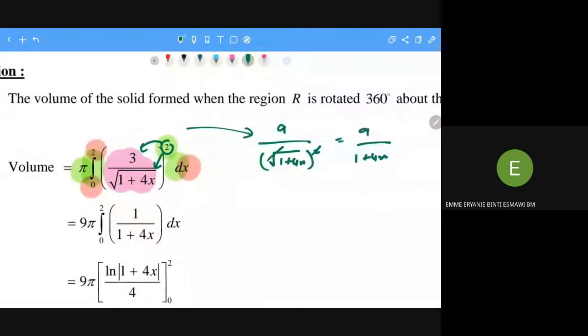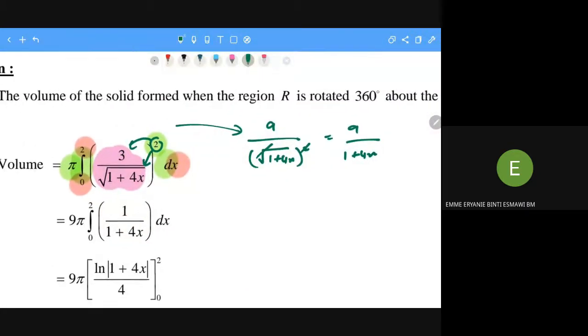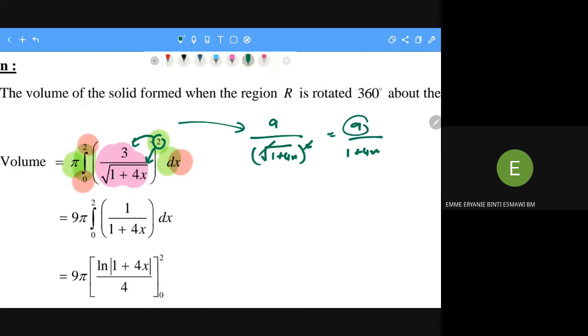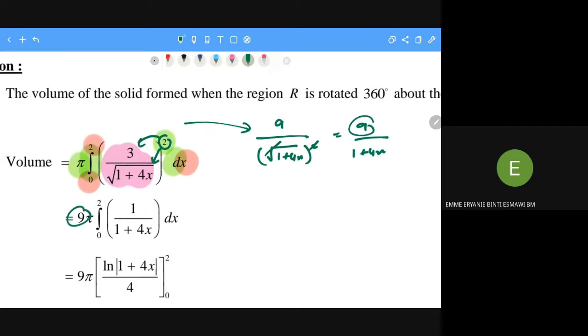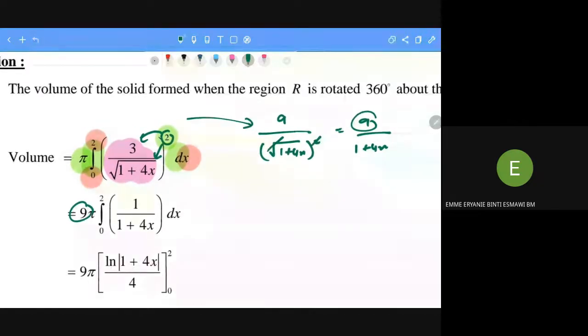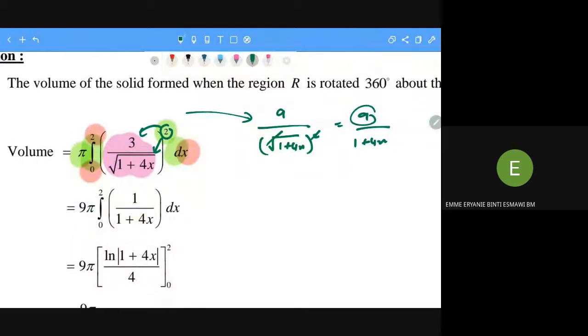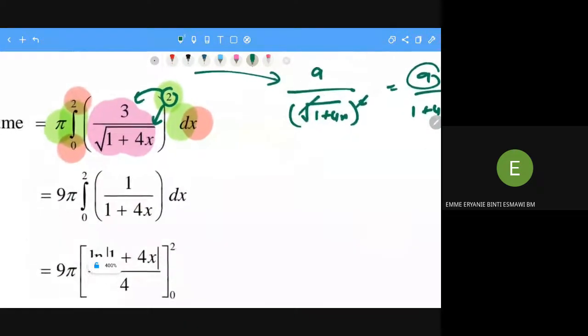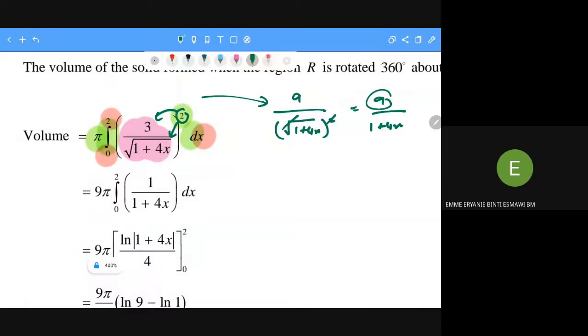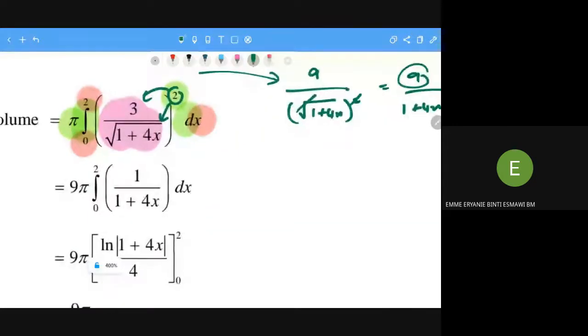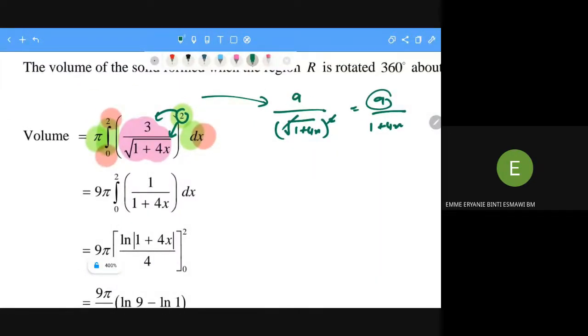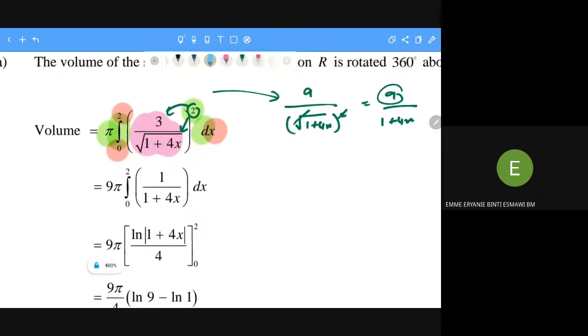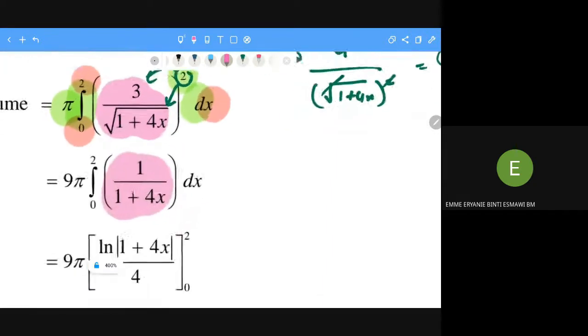Okay, tapi disebabkan soalan ni 9 is just a constant, dia bawa keluar that 9 tu. Sini. Okay, so bila dia bawa keluar 9 tu, jadi 9 tu duduk sekali dengan pi ke depan tu dah. And yang tinggal adalah 1 per 1 plus 4x. Okay. And how to integrate this adalah bentuk sebegini. Dia akan jadi ln.